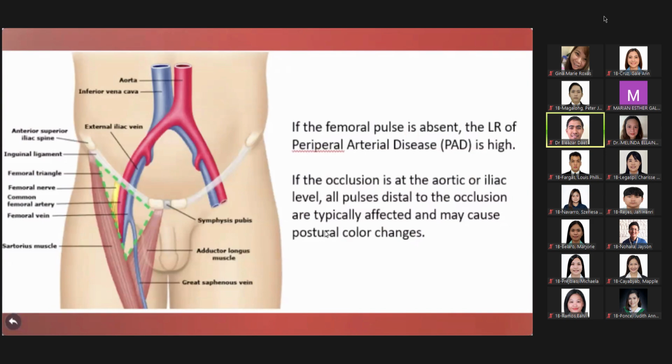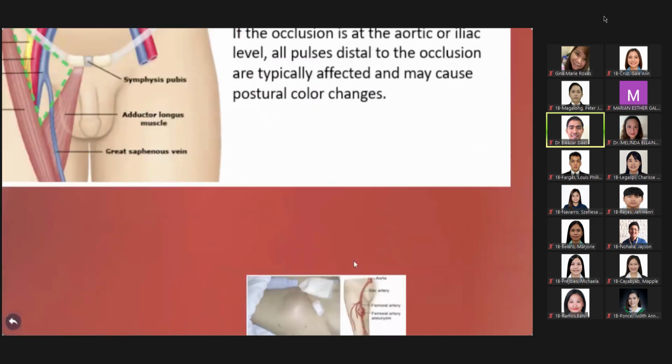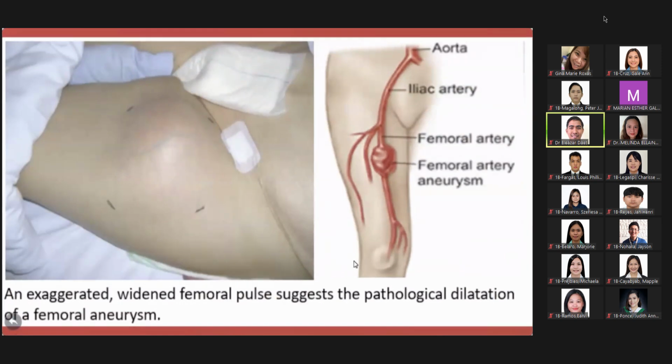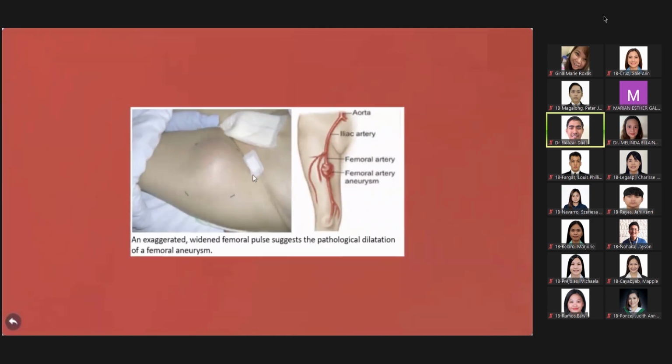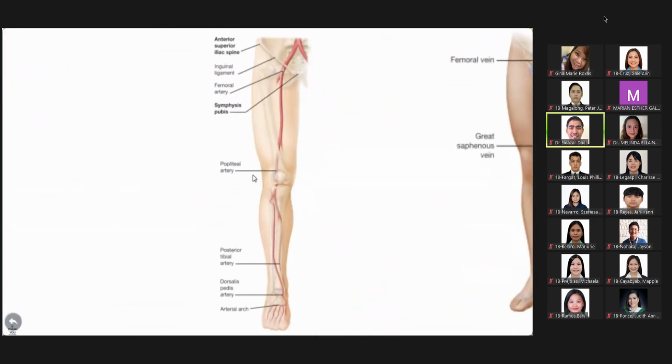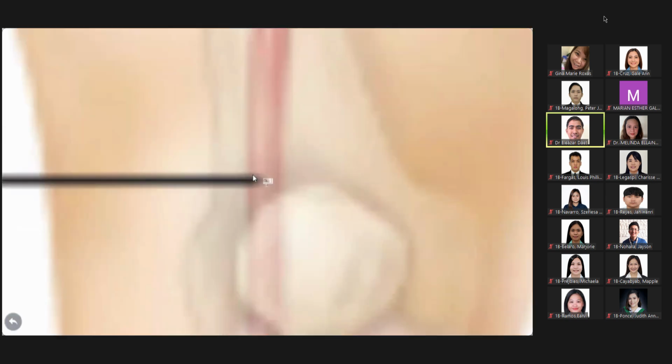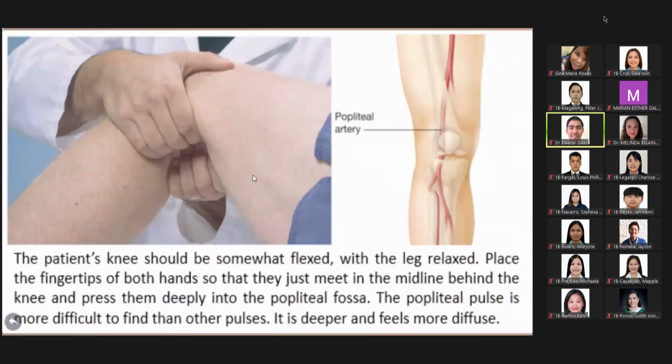They can have postural color changes. If you change the posture, there will be a change in color. If there is an exaggerated, widened femoral pulse, this is suggestive of a femoral aneurysm. The next artery is the popliteal artery.